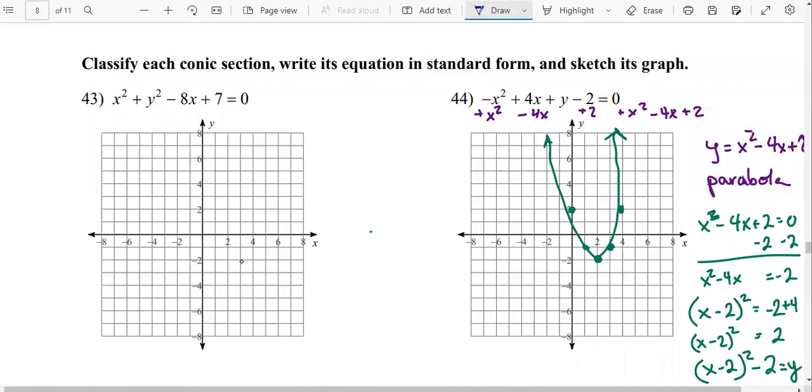This one, we're not so fortunate. We're not unfortunate, but we're not as fortunate because we've got x and y squared. So first thing we want to do is move our constant term to the other side. So there's a -7 on this side. On the other side, I'm going to take everything that has an x in it, and I'm going to move it over here and complete me a square.